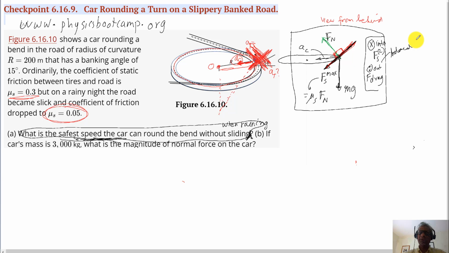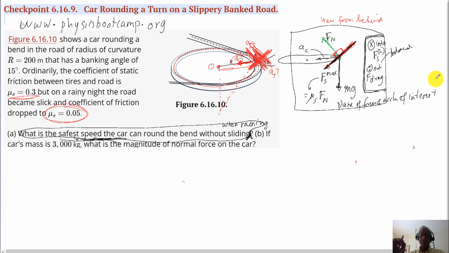So usually in this problem that situation is there, and we don't normally talk about it. We just focus on this plane. So this is the plane of forces and acceleration of interest.